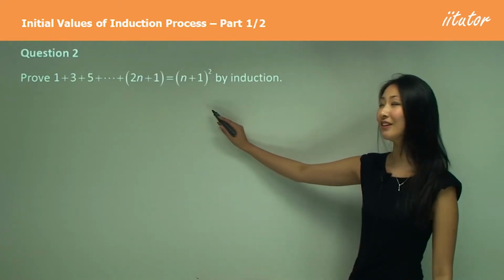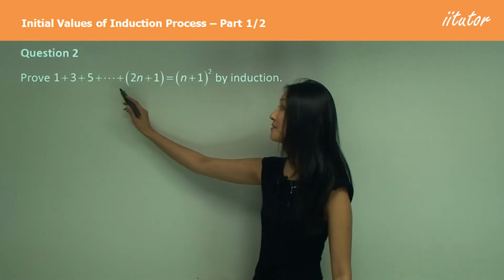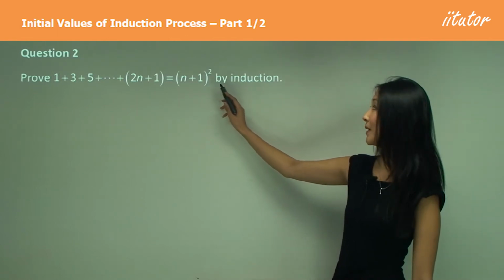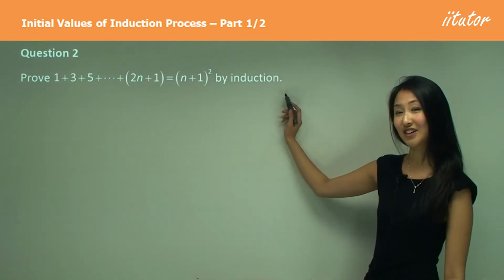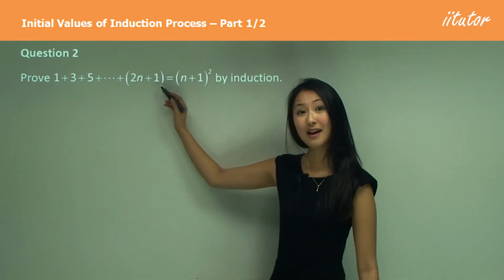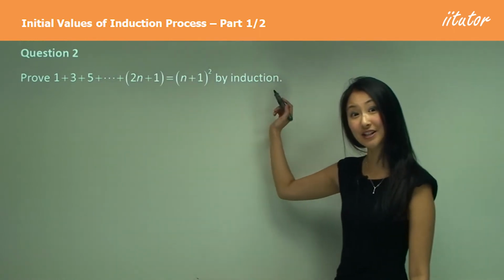So in question 2, we want to prove that 1 plus 3 plus 5, and so on, to 2n plus 1 equals (n plus 1) squared by mathematical induction. Now, remember the 2n plus 1 was just the general formula for each of the terms in this equation.